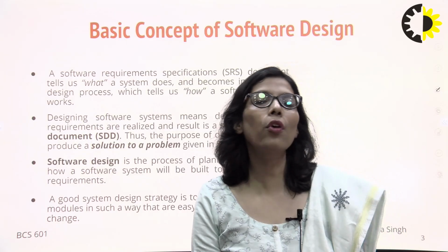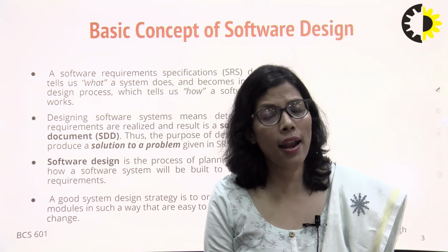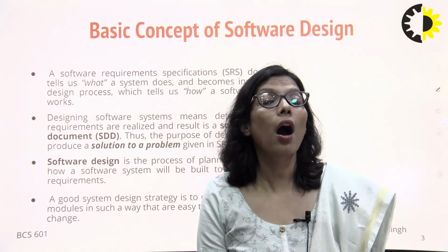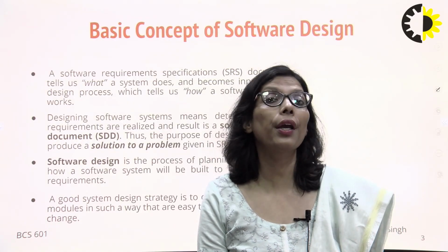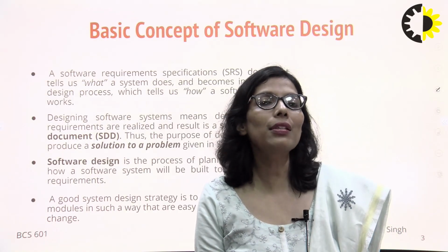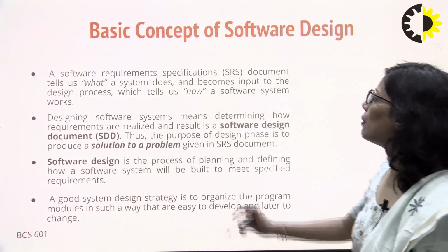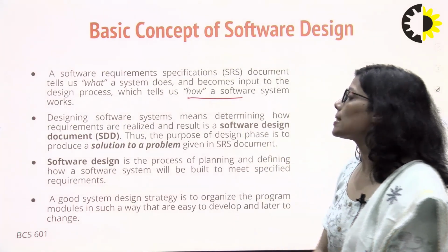So once we have documented all the requirements in an SRS, we now have to find out how we are going to realize that document in our software. For that, we start with software design. Software design will tell you the how of a system.